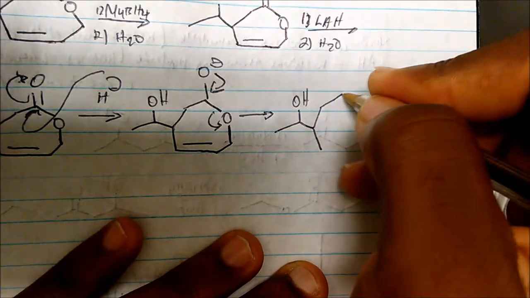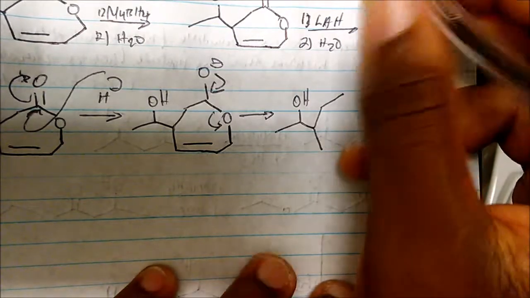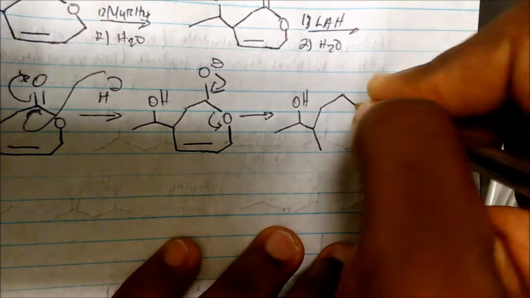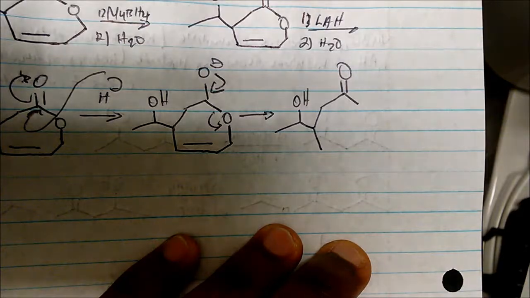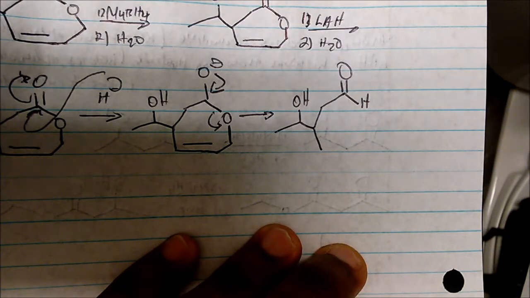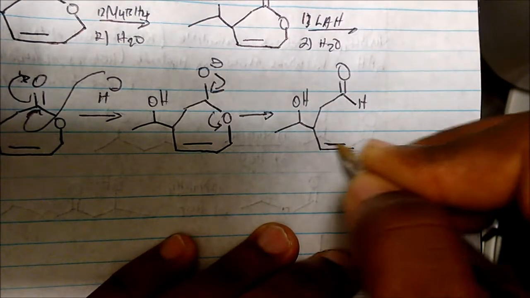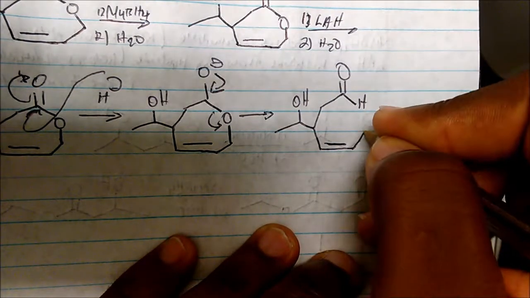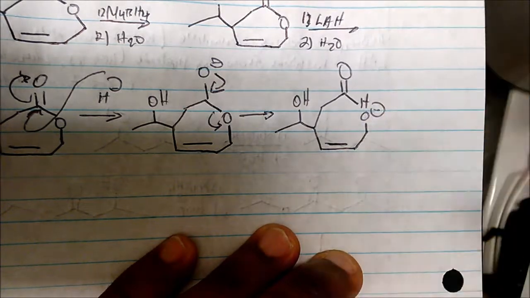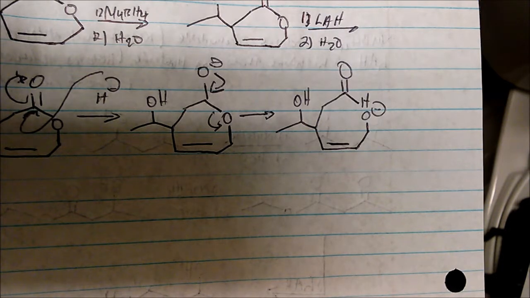Now let's see the best way to draw this so it makes sense. We have this ketone there, but now we form a hydrogen. We have a hydrogen that is already there. Now the ring opens. We have this carbon-carbon double bond with this oxygen that's negatively charged. All right. So what will happen after this?